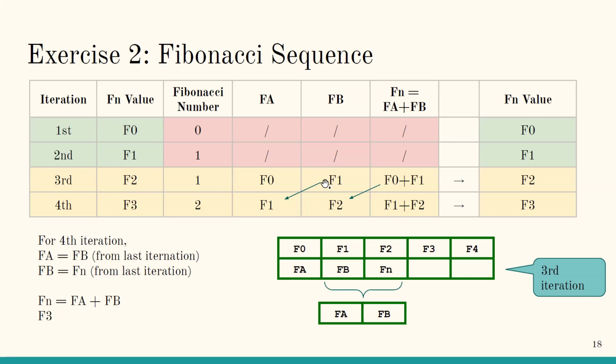Your Fb substitutes to Fa, and your Fibonacci number in the previous iteration, F2, now becomes your previous number. It's no longer your current Fibonacci number, right? That's why you do the substitution for these two lines, okay? And then you calculate your current Fibonacci number, which is F3 now.